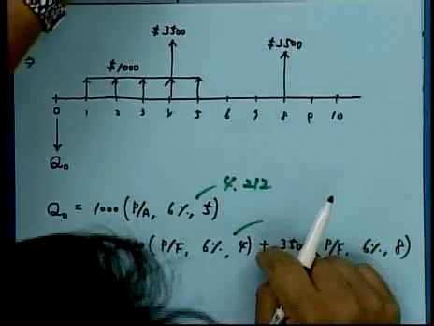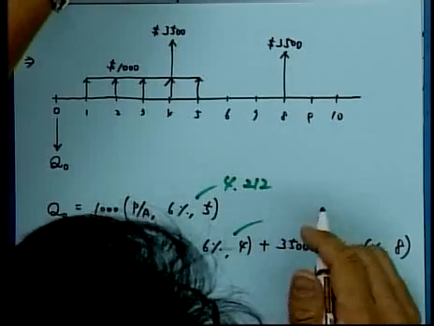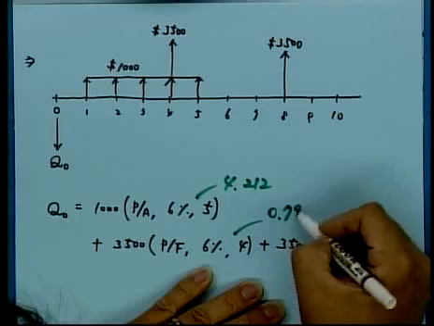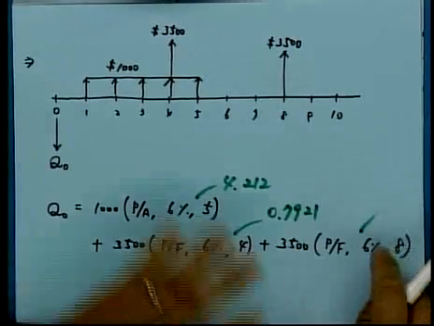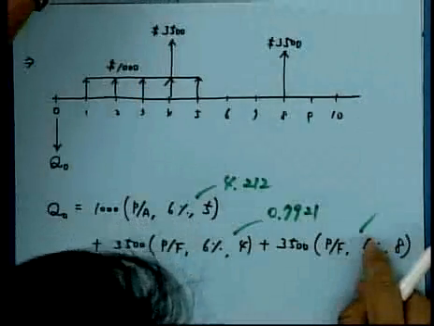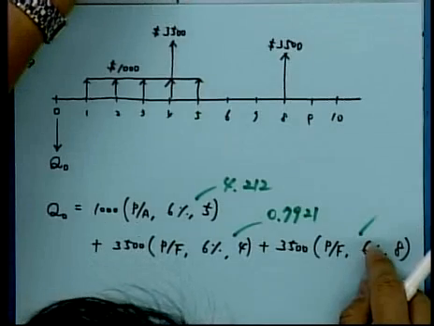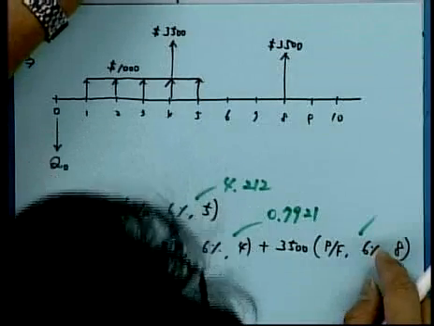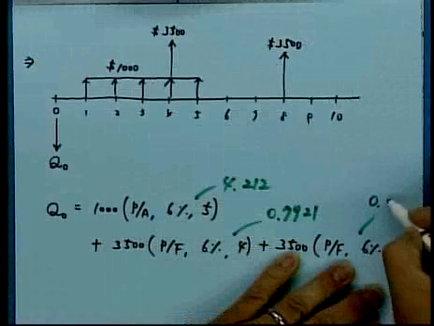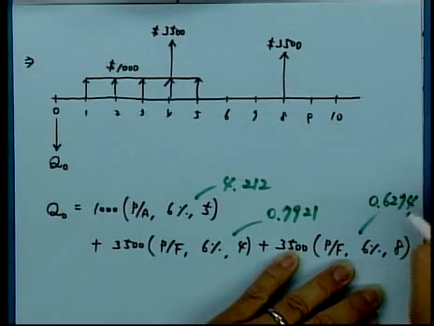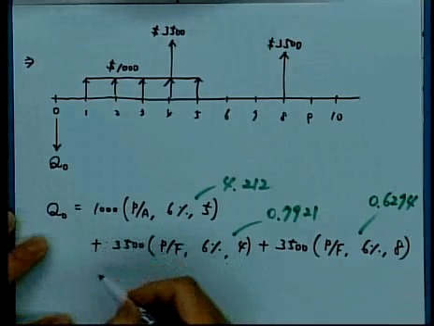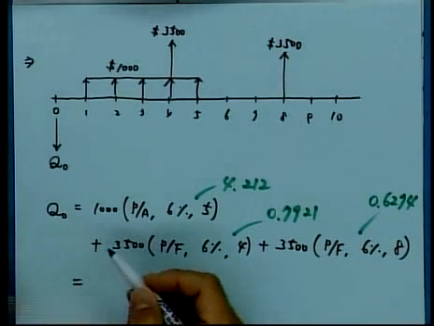P given F over 4 periods is 0.7921. What about this? P given F over 8 periods is 0.6274. So how much is this?